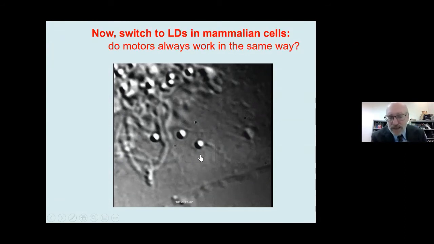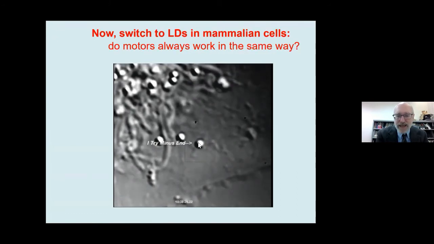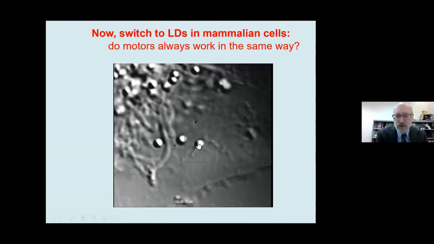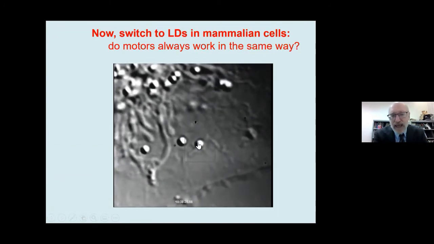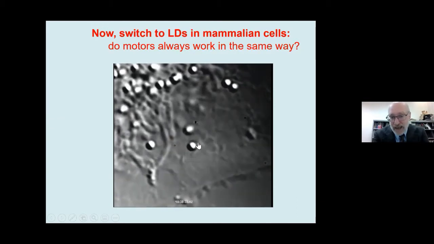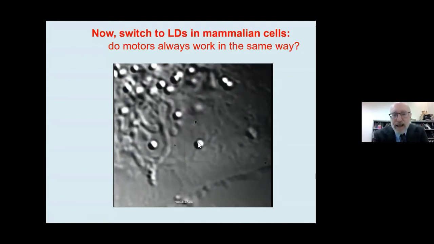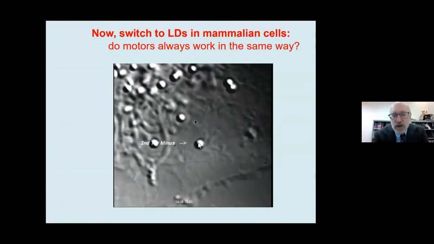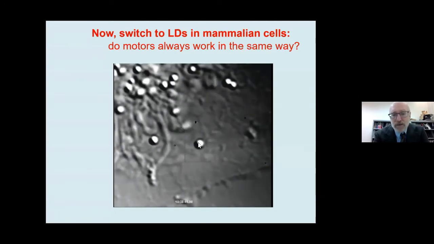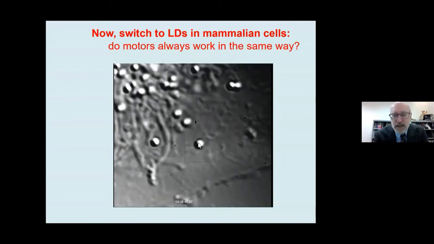So this is now looking at a lipid droplet in a cell, and this lipid droplet is trapped, and it's trying to escape minus end, and it fails to do so. And as it's held in the optical trap, it's going to try again, and it escaped. And now we have another lipid droplet that just moved in, and it just tried a plus end attempt, and now a minus end, and maybe another plus end. It's sort of hard to see, but there are these little blips that you'll see.